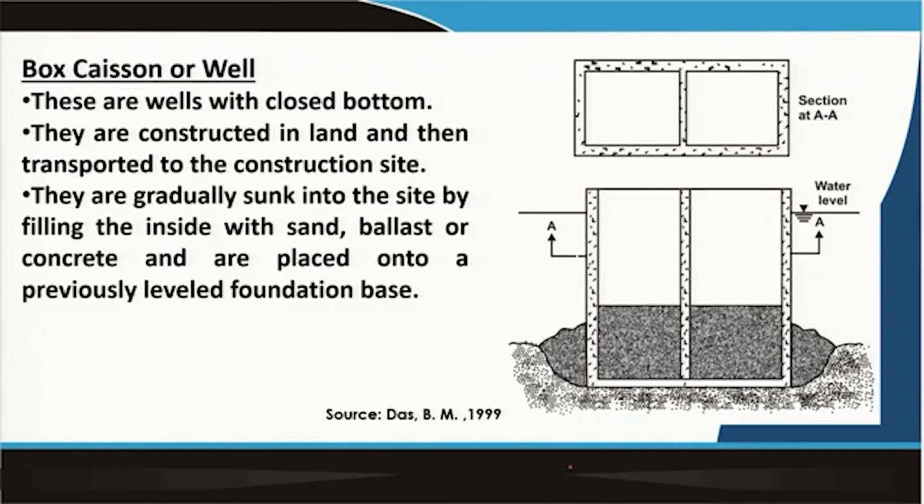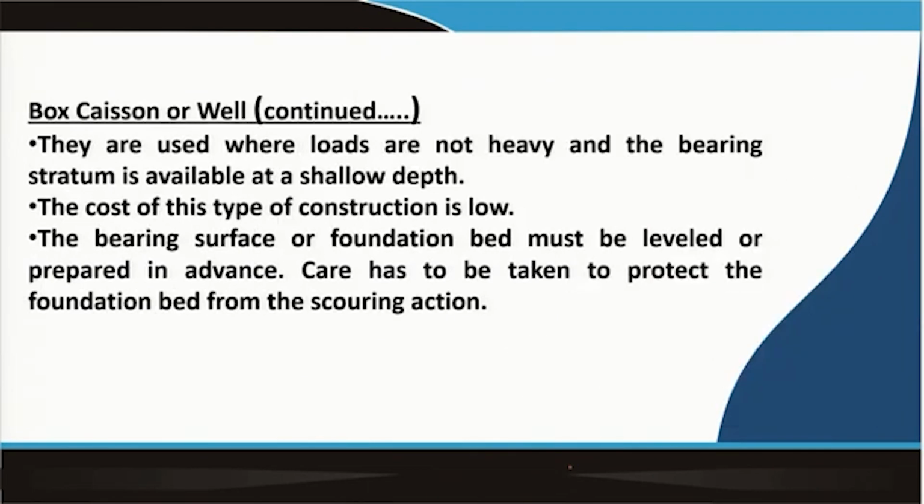and they are placed up to the required depth, where there should be a previously leveled foundation base, because if the foundation base is level, then this type of caisson can be installed. So, they are placed on a previously leveled foundation base. They are used where loads are not heavy and the bearing stratum is available at a shallow depth.